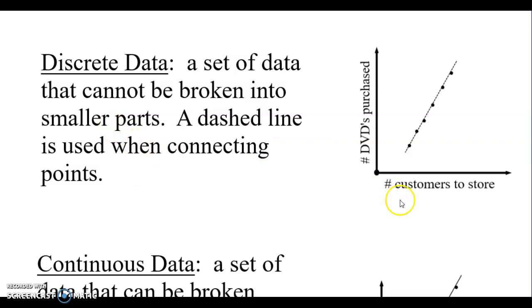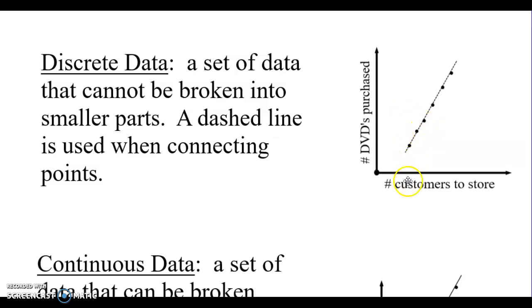So for example, I have the number of customers in a store on my x-axis and number of DVDs purchased on my y-axis. So what this is referring to is if we look at our x and y axes, we're looking at people and we're looking at number of DVDs. Well, I either have one customer or two customers or three customers, and they're going to be purchasing 2 or 3 or 4 DVDs.